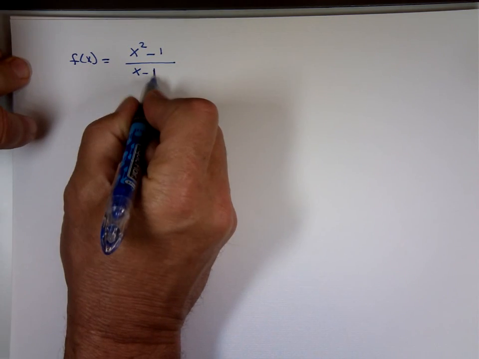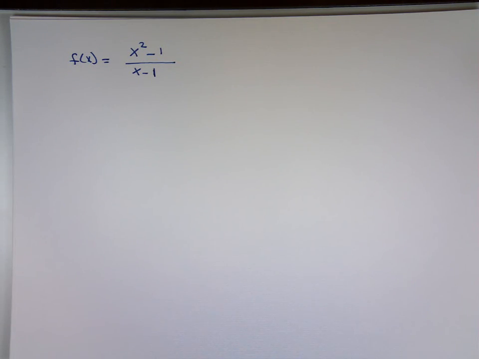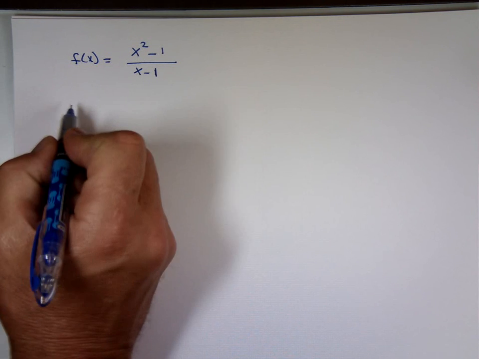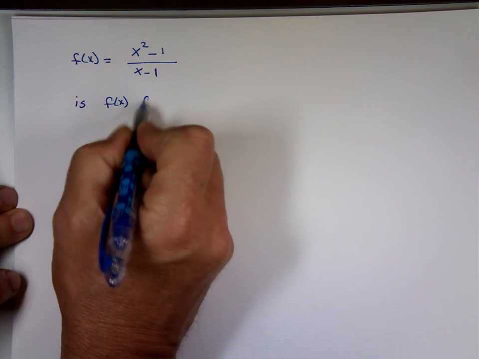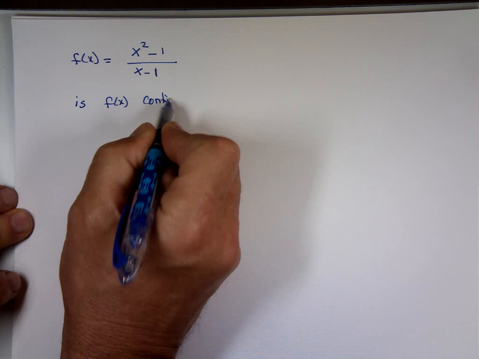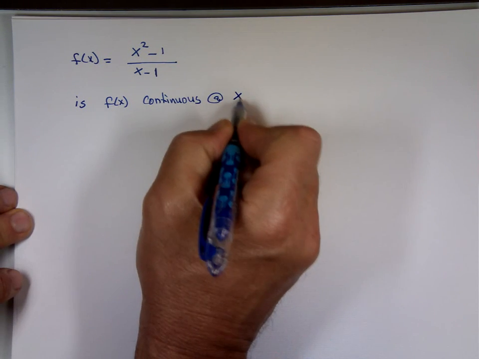And if you're going to have any point of discontinuity, where is it going to be? At the bottom. What makes the bottom 0, right? So the question becomes, is f of x continuous at x equals 1?